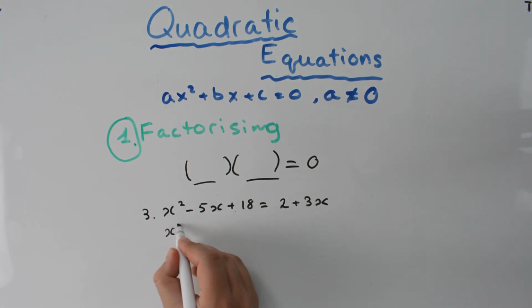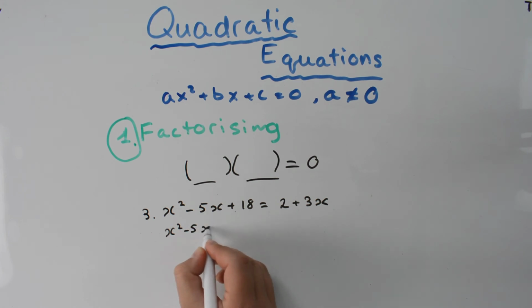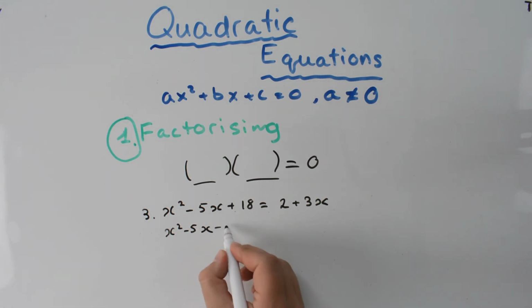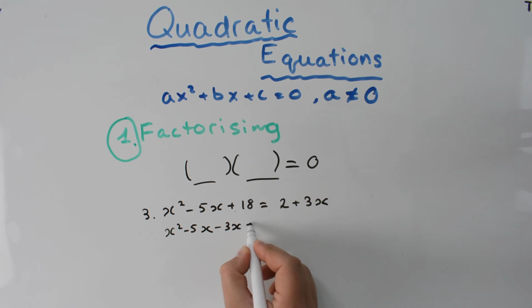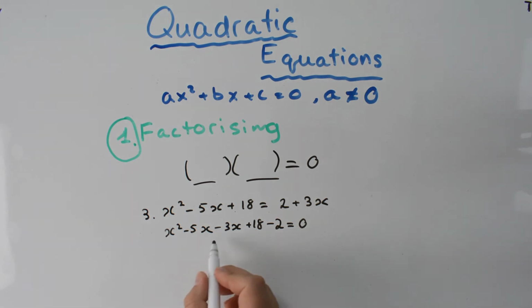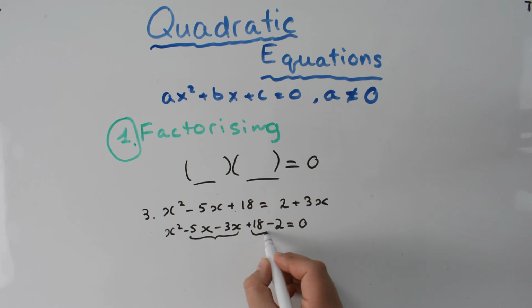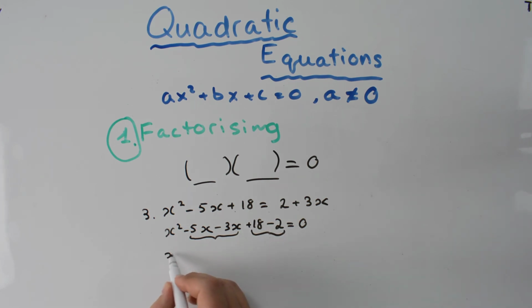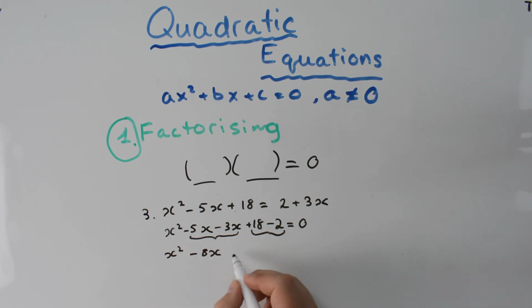You're going to get x squared minus 5x plus 18, and I'm going to move 3x to the other side. It becomes minus 3x, and 2 becomes minus 2 on the left hand side, and then overall equals 0. And now we combine the x parts, and numbers that have no x. So x squared minus 8x plus 16 equals 0.